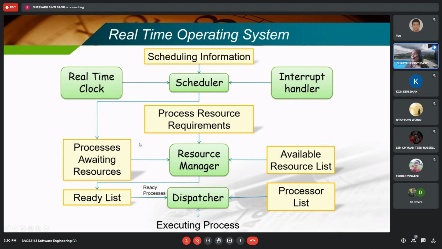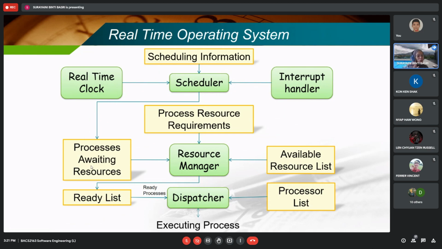Okay, so after that, the scheduler will produce the awaiting resources. It will produce what are the resources that are still waiting.